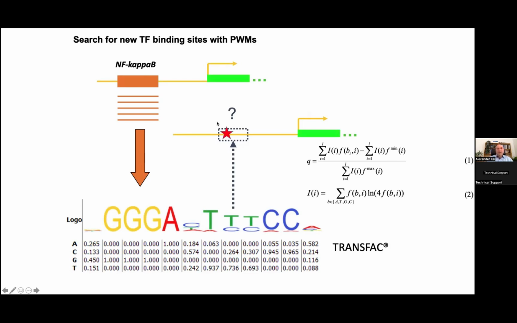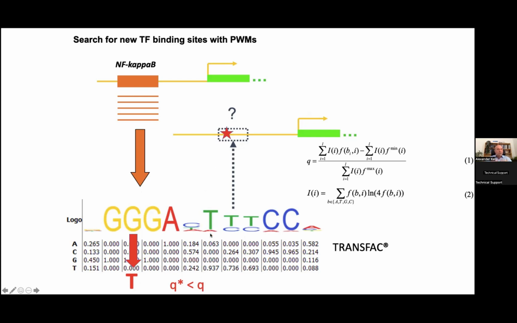But what happens if we have a SNP? So basically, a certain nucleotide, for instance, this G, is changed to a T, to an alternative allele. That means that the score of the binding site in this place drops dramatically, because this G, as you can see, is very important in that place. It's actually very conserved. And we can see that the new score of that site is much lower than the existing score.